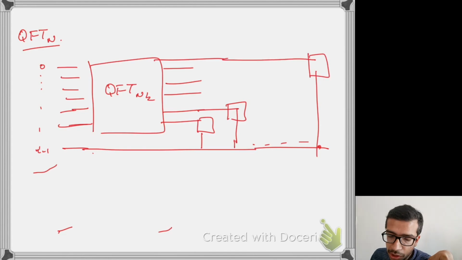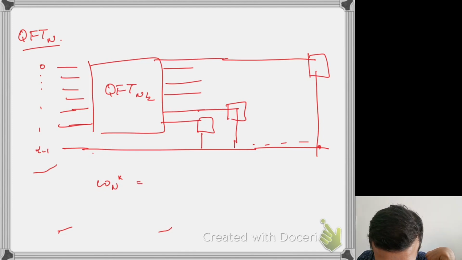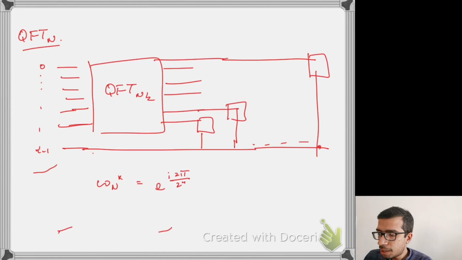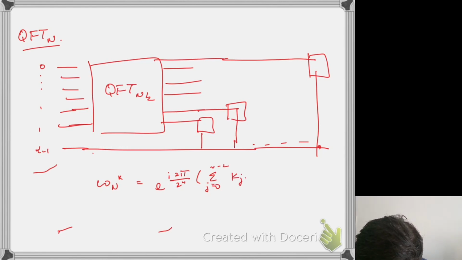So conditioned on the last qubit, I need to apply omega n to the power k, right? And omega n to the power k is nothing but e to the power iota 2 pi over 2 to the power small n, and then sum over j from 0 to n minus 2 of kj 2 to the power j, right?